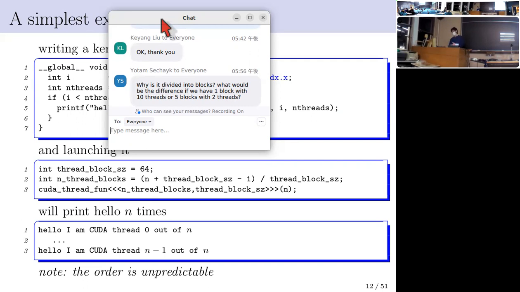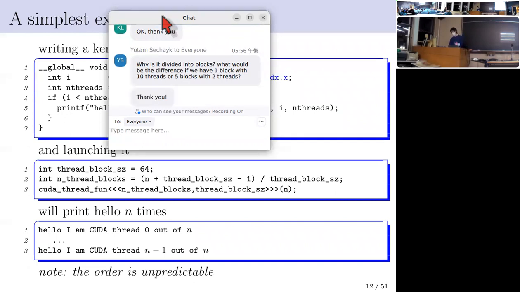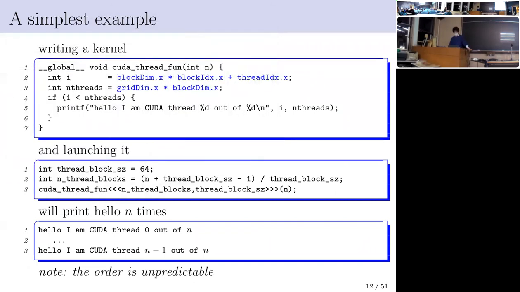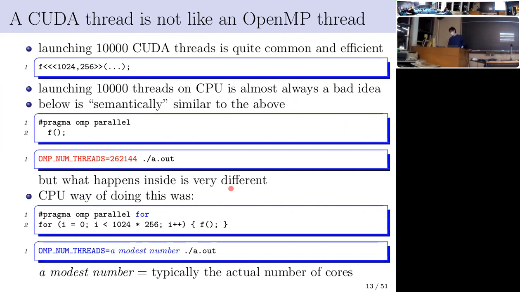How many threads you have in each block, how you organize the whole set of threads you need, affects performance. I'll get to that later, but I cannot get to that just now. So it's a very important question. I'll cover it later.